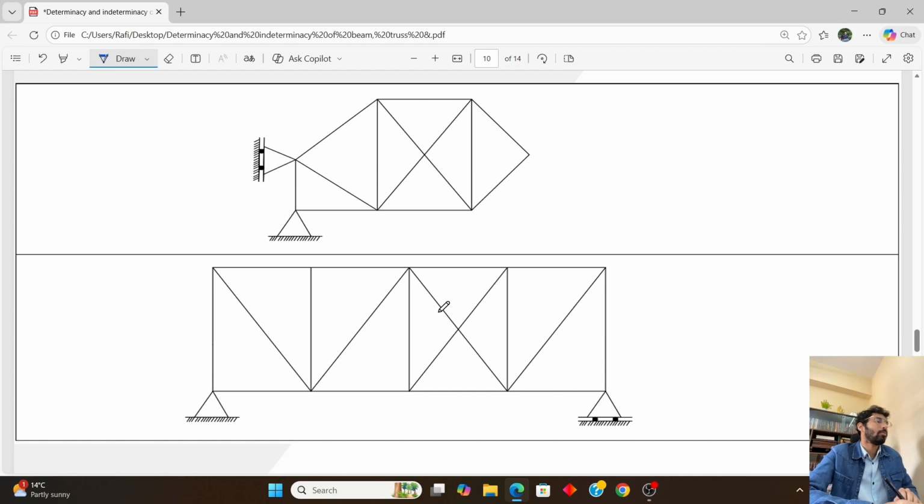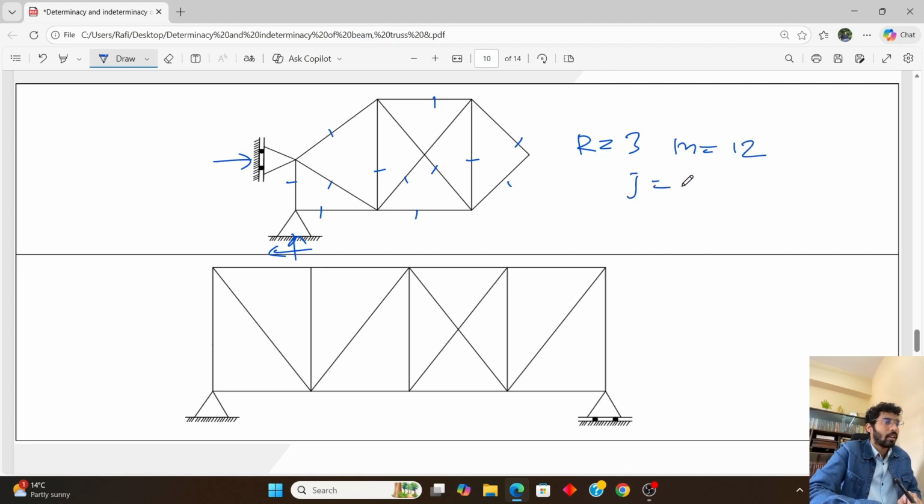If you look at this problem, there are three unknown reactions here, so R is equal to 3. The number of bars will be 12, and the number of joints will be 1, 2, 3, 4, 5, 6, 7.